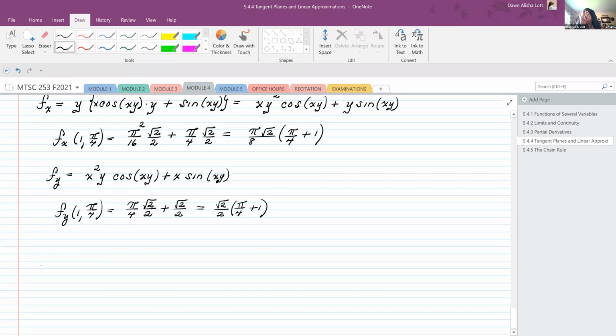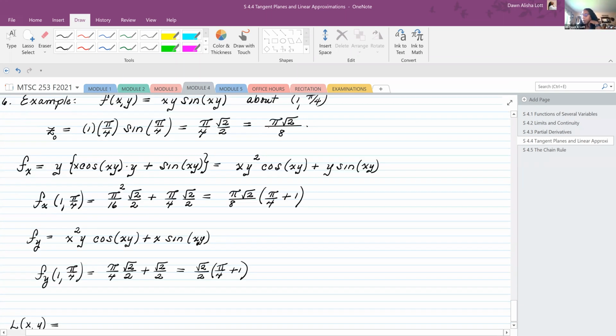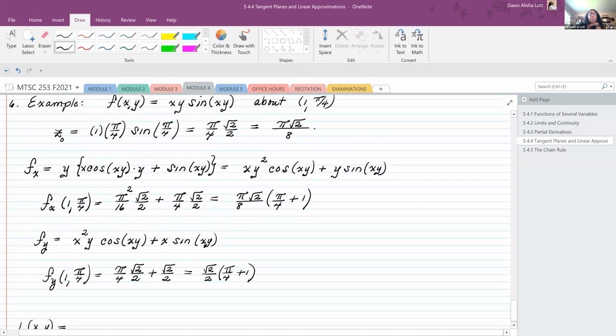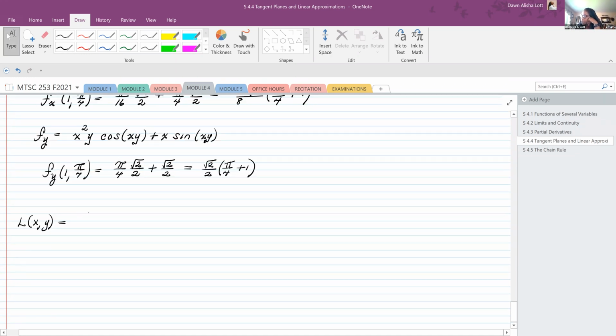So L of x, y. What was z naught? z naught was pi root of 2 over 8. Uh-oh, the pi should be in the numerator.